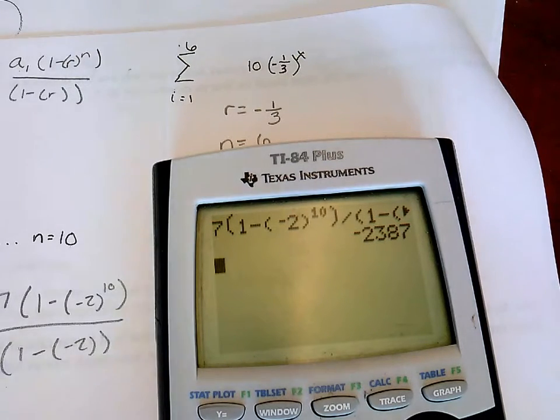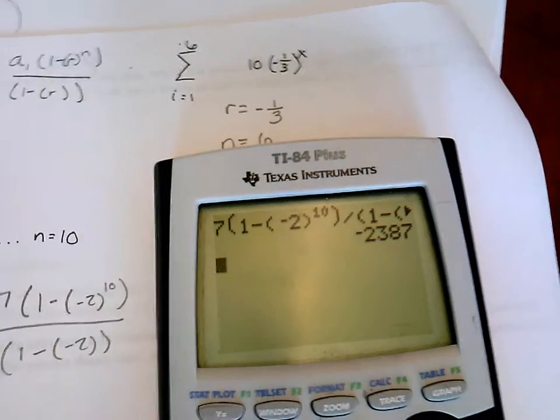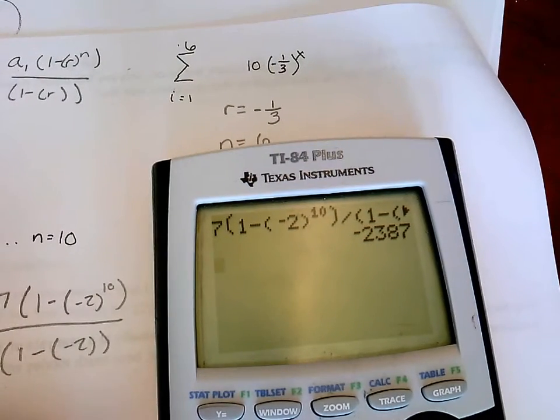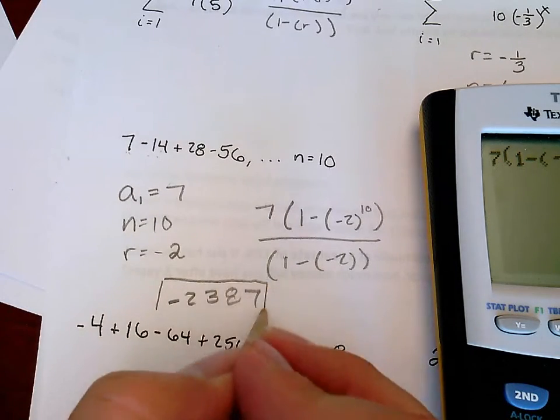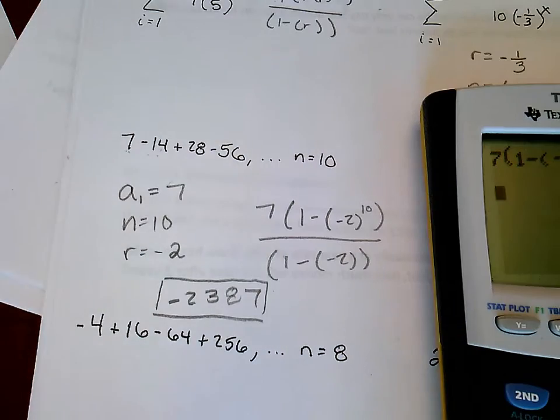So that means that if we figured out this process from A1 through A10, and we add them all up, we'd end up with the answer of negative 2387. So our answer here is negative 2387. That's it. That's how you do summations, both with the symbol and with the pattern.